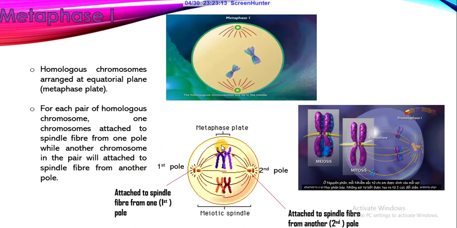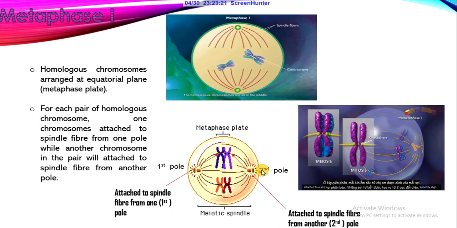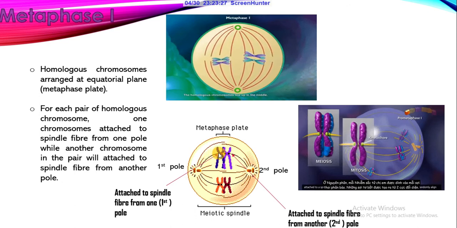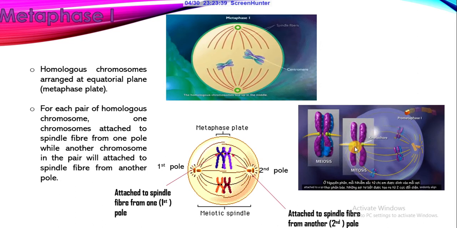So if you can see here, this is the pair of homologous chromosomes. We only have two poles where the centrioles exist there. So the centriole at the first pole will attach to the first chromosome in the homologous chromosome. And the second pole will attach to the centromere of the second chromosome, meaning that, if you can see here, in mitosis, in one chromosome, both centromere been attached to spindle fiber.